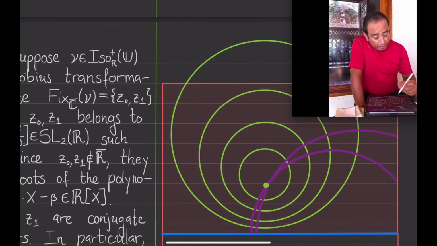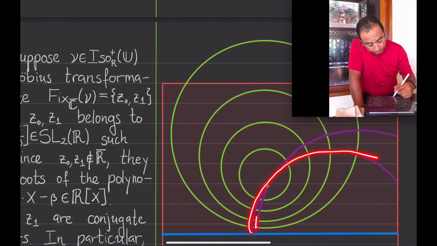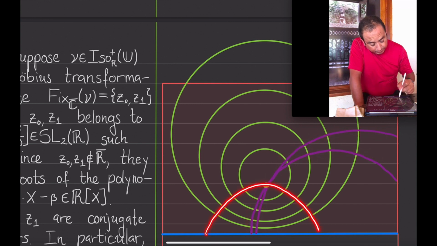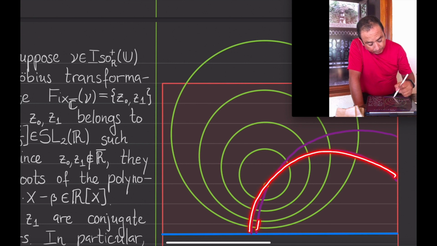Right. And something you see if you measure this angle, I mean the angle between this one and its image, right? That one is constant in the sense that no matter what geodesic you take passing through the fixed point, its image is going to keep the same angle with the original one as this one with its image.